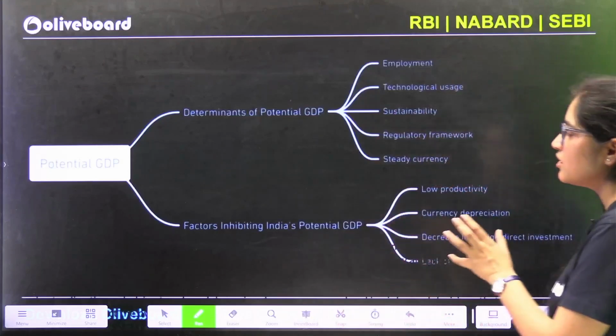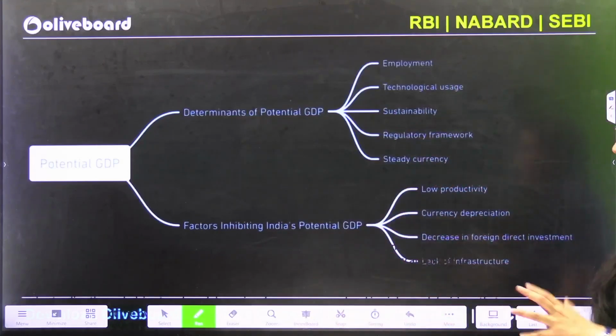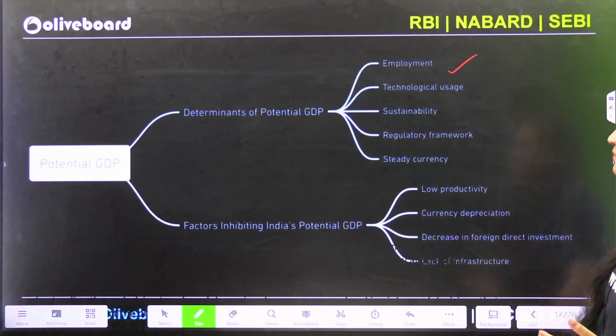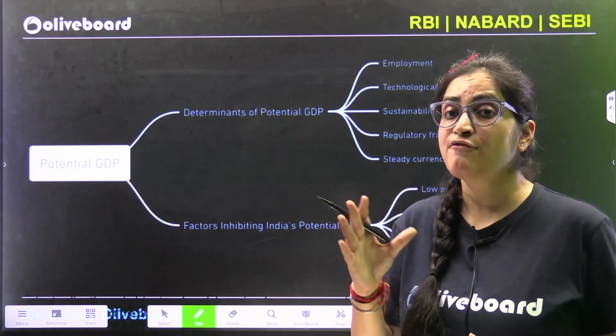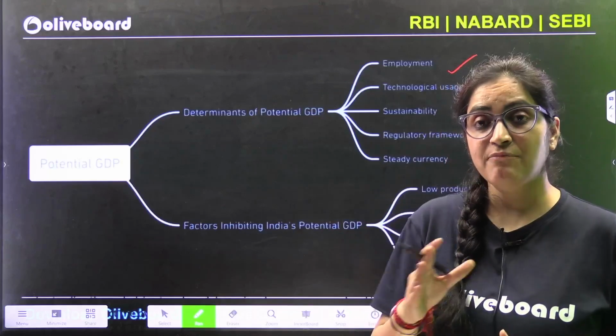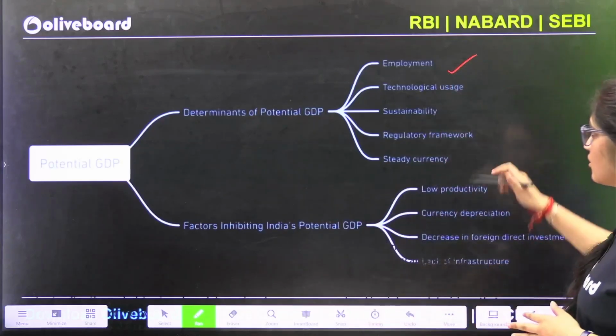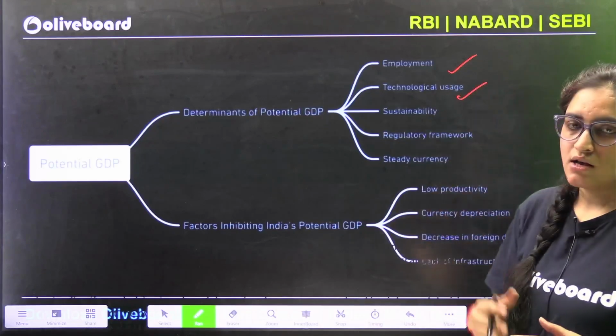Potential GDP has certain determinants, like employment. What is the employment rate in the country? What is the labor force participation rate, LFPR? What is the technological use?